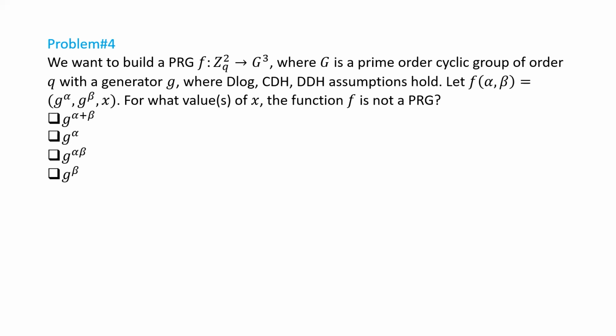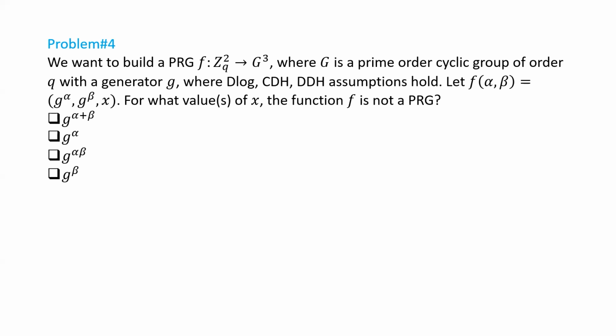Now in case of the first option, if x is equal to g to the power alpha plus beta, then what happens? The adversary just checks, after seeing the output string, whether the string x is actually the value of multiplying the first two components. So g to the power alpha into g to the power beta is nothing but g to the power alpha plus beta.